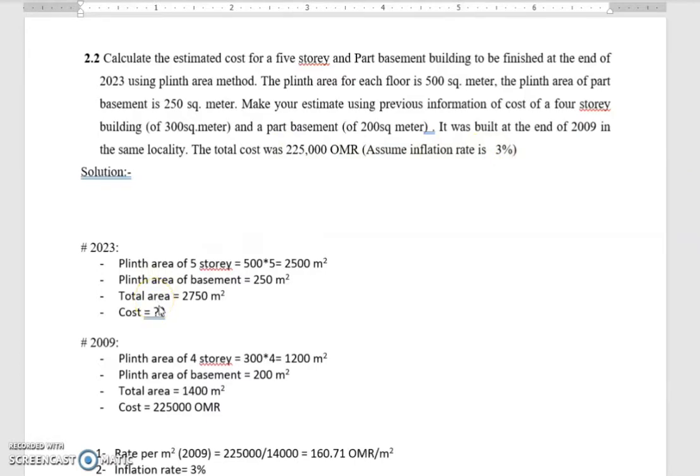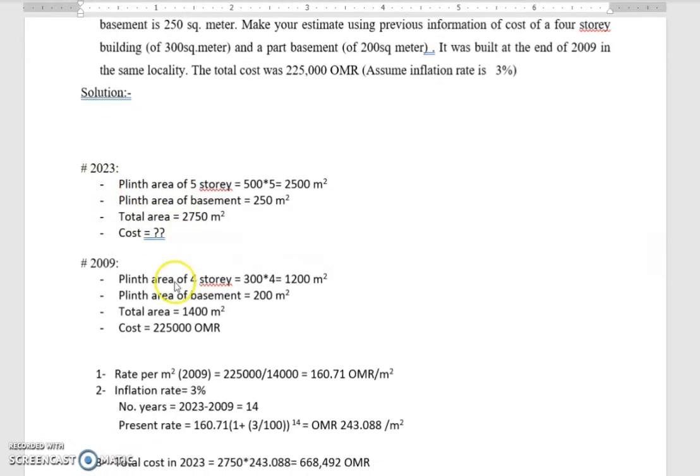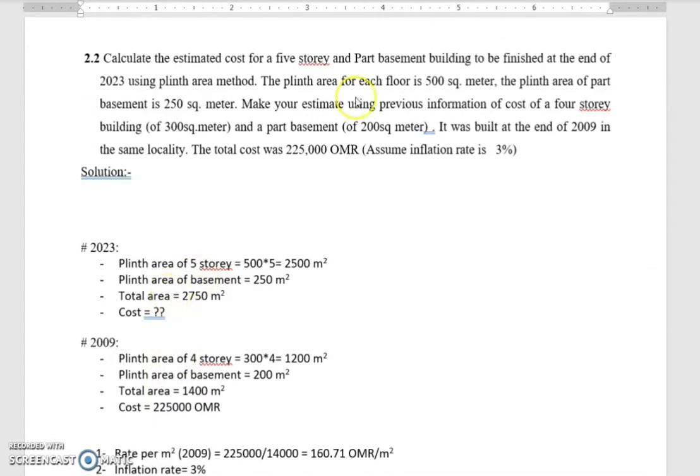So for 2023, the plinth area of the 5-story building is 500 times 5, because we have 5 stories, so 2,500.